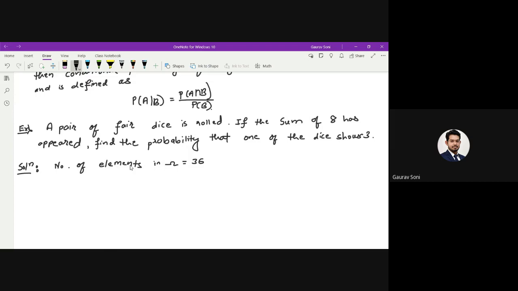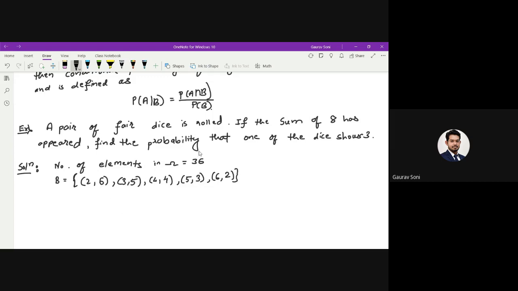So B is an event that the sum is 8. The sum is going to be 8 if there is 2 on the first die and 6 on the other. Then 3, 5; 4, 4; 5, 3; 6, 2. No more possibilities.